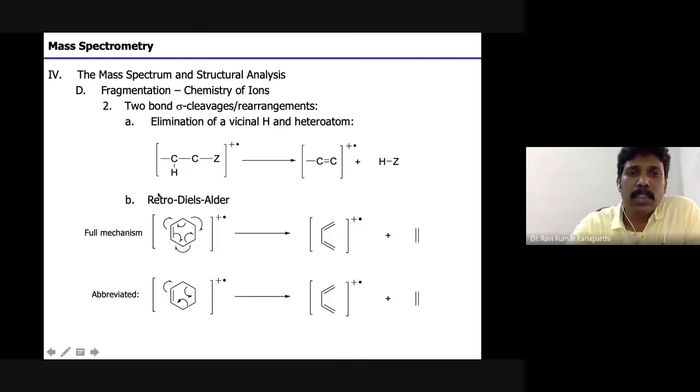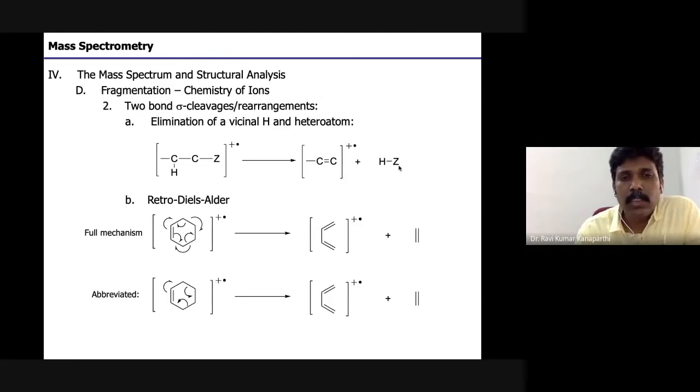For example, if you have a vicinal hydrogen, and in the molecule you have a heteroatom, maybe oxygen, sulfur, nitrogen, like this, and on the vicinal carbon you have a hydrogen, then this hydrogen will be abstracted by the heteroatom and it will leave as HZ. Okay, HS, that is hydrogen sulfide, or HN.